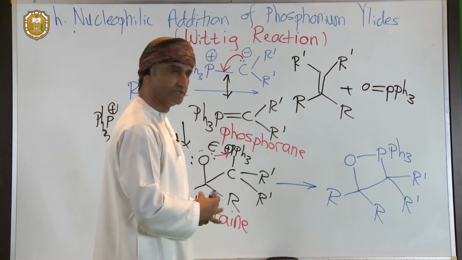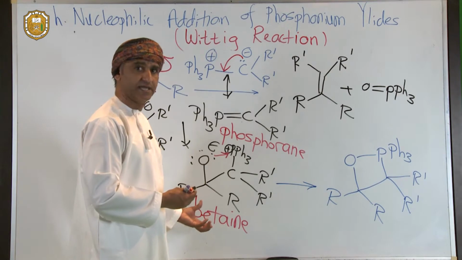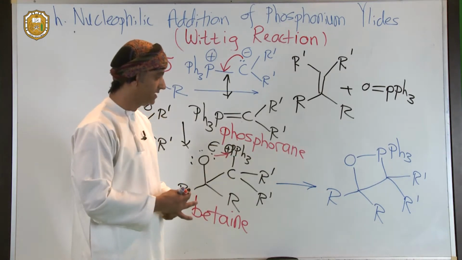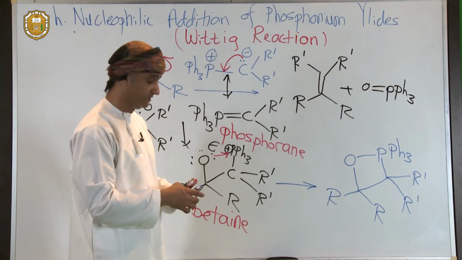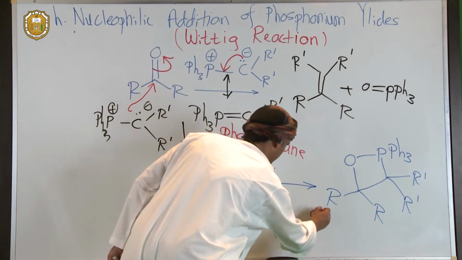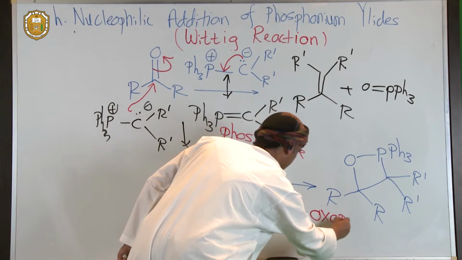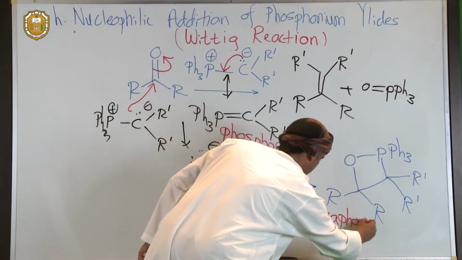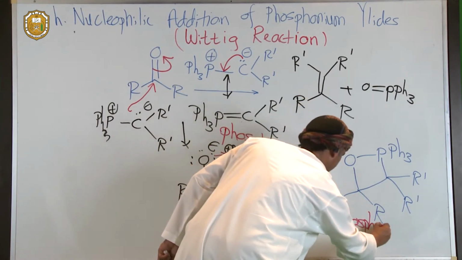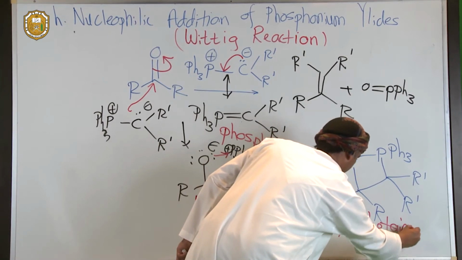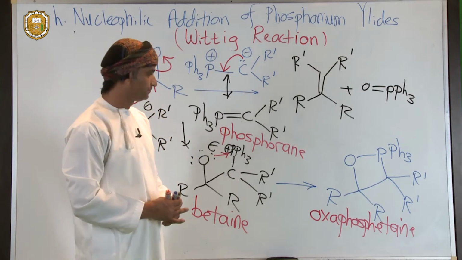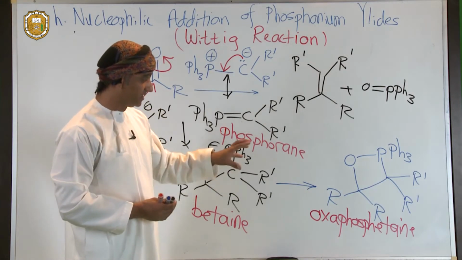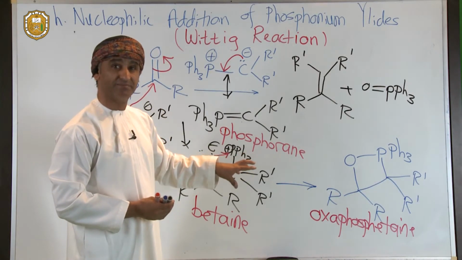It can be viewed as a cyclized betaine. Now this is not called a betaine. It's actually called an oxaphosphetane. So the betaine cyclizes to the oxaphosphetane.